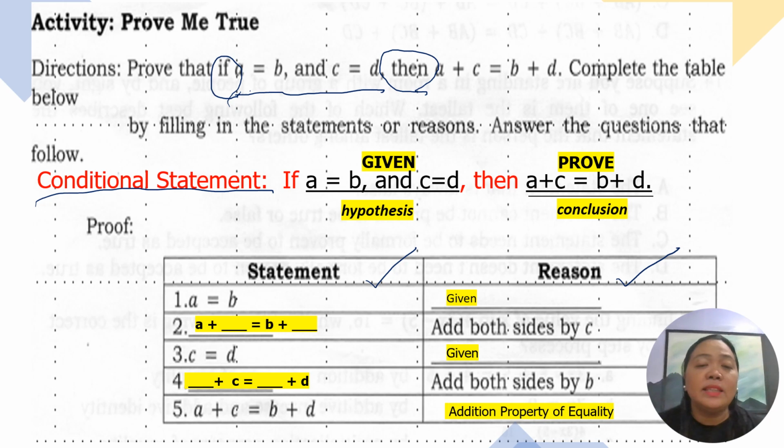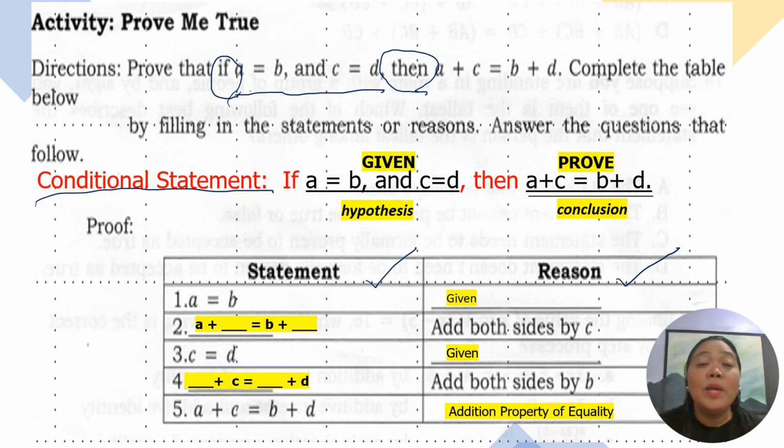Now, to make a statement, I want you to take a look at the given. This is where we get our statements. Our very first statement should be taken from the given. The given there is A equals B and C equals D. So, statement number 1, A is equal to B. What must be our valid reason?